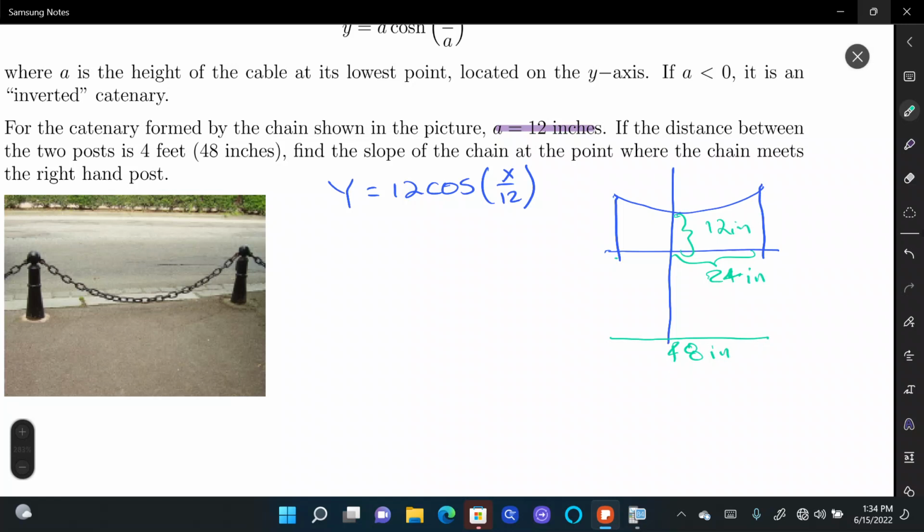All right, so let's just write down the units. Because they're asking us for the value of the slope, what do we need to do with the function in order to find the value of the slope? Two points? Well, that's if we were to find the equation of the line that is tangent, but we only want to find the slope.